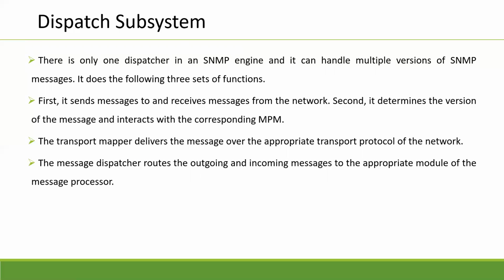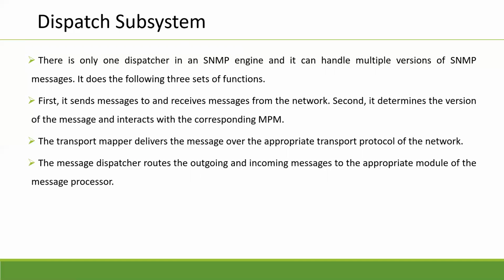The three separate functions in the dispatcher subsystem are accomplished using the first one, transport mapper, the second one, message dispatcher, and the third one, PDU dispatcher. The transport mapper delivers the message over the appropriate transport protocol of the network.